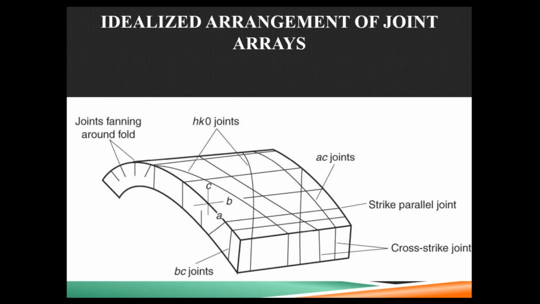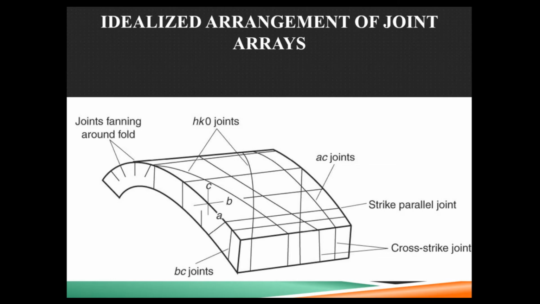You would see a long line, a long stripe of this rock exposed. That's your strike. And so those joints are parallel to that strike. The AC joints and these crooked ones are cross strike joints because they cut across the strike of the rock.